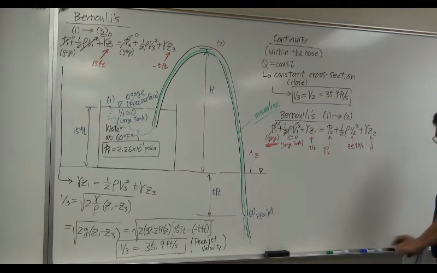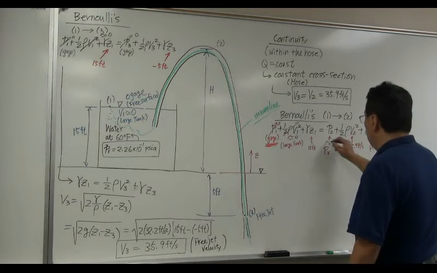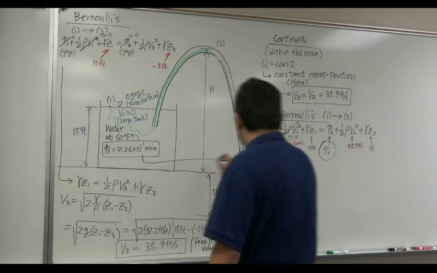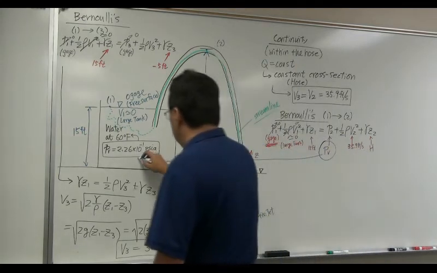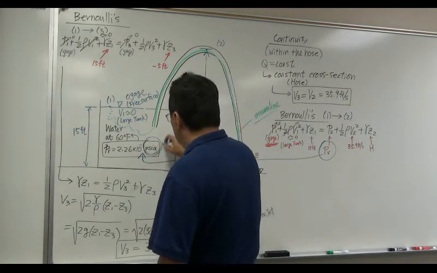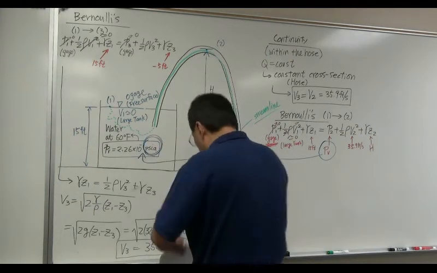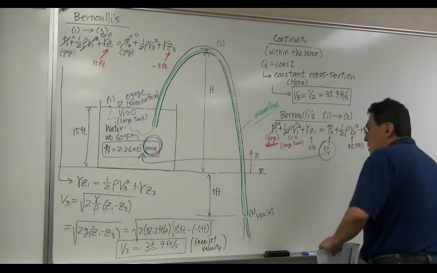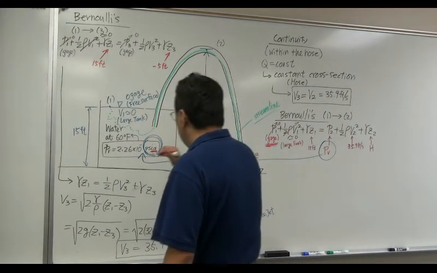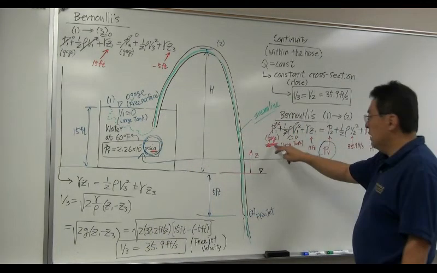So, the question is PB. We do know PB is this value, and then this value is in PSI, absolute pressure. This is a gauge pressure.